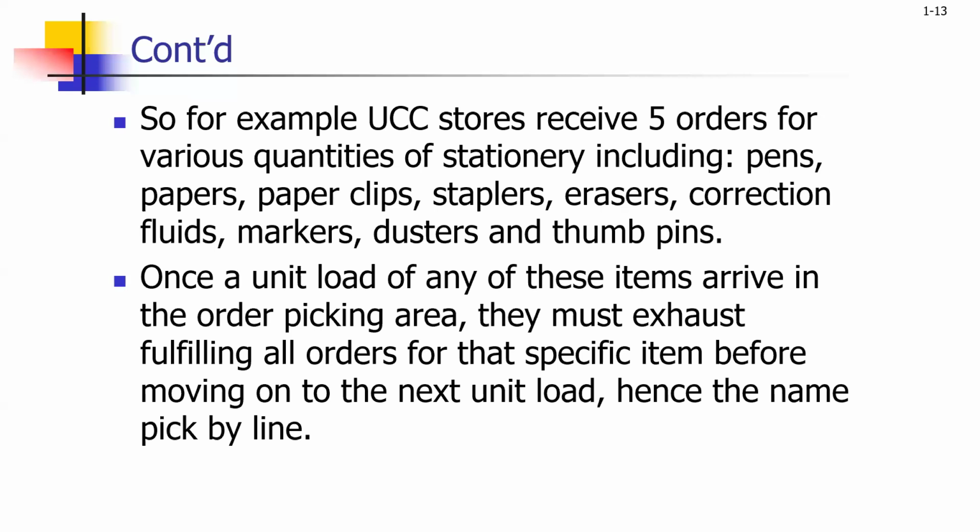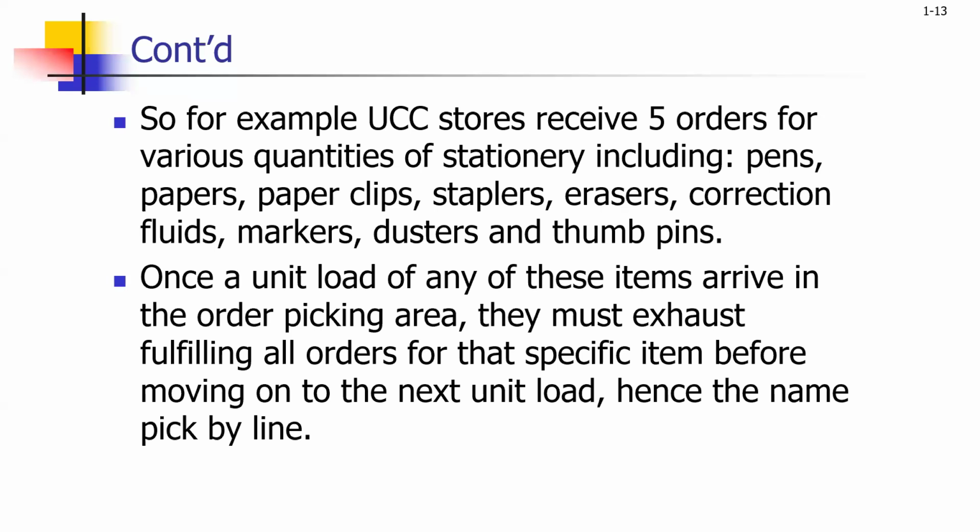So example here, if UCC stores receive 5 orders for various quantities of stationery, including pens, papers, paper clips, staplers, erasers, correction fluids, markers, dusters, and tampons. Once a unit of any of these items arrives, not the orders but the item, let's say correction fluids or markers, the order picking area will quickly put it together.